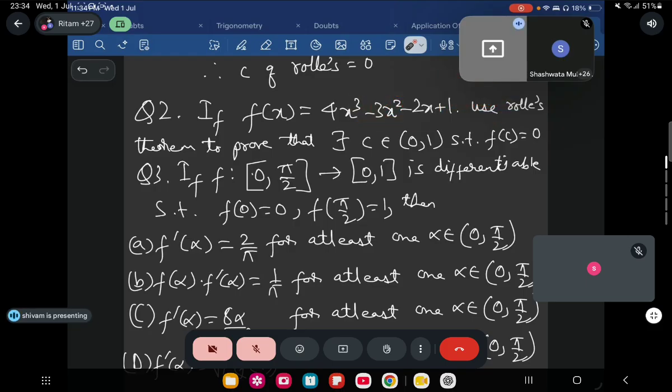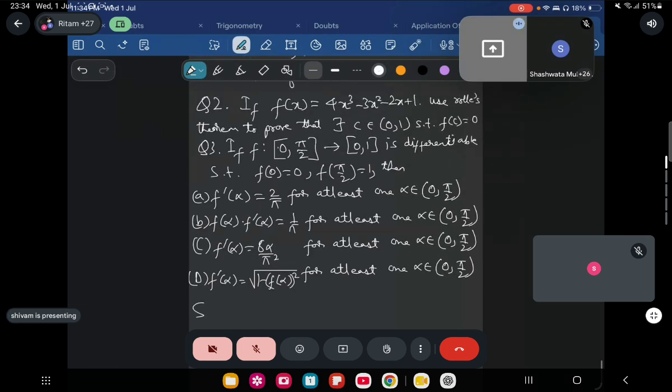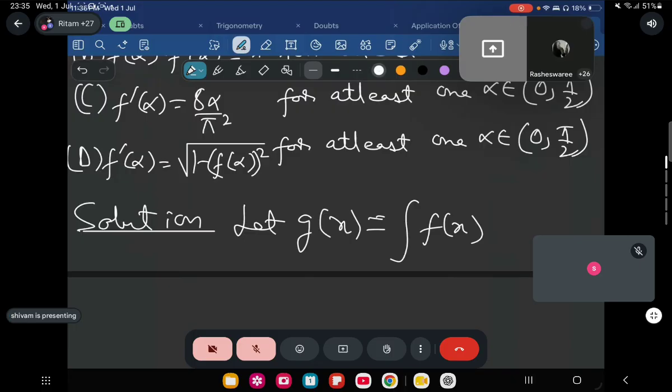So you have to find a function whose derivative is f of x. How to find a function whose derivative is f of x? Let g of x be equal to integral of f of x. Then g dash x will be equal to f of x only.